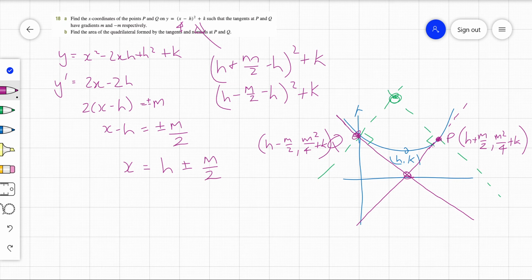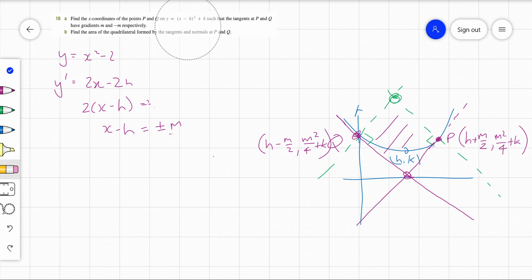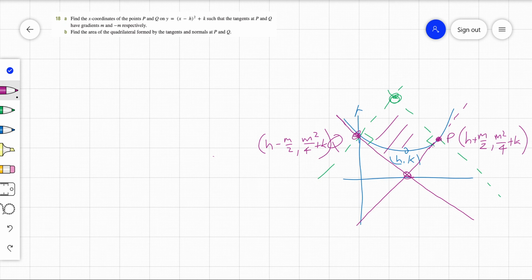Okay, so we've got these 2 points, P and Q, and we need to find the area of this quadrilateral that they make. So we know that QP, that distance, if you think about it, we've gone from h minus m on 2 to h plus m on 2.